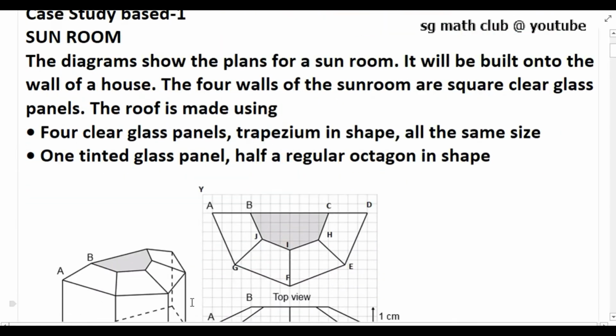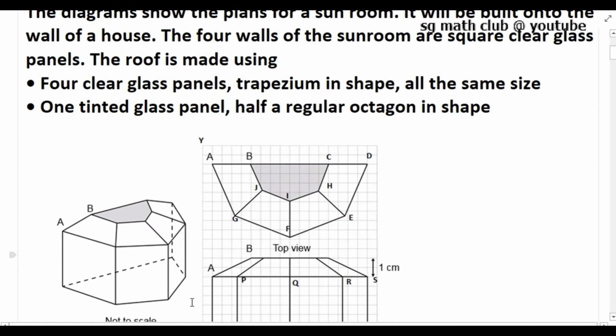So you can see the diagram here. You can see these are the 4 walls of the house, and these 4 walls of the sunroom are square clear glass panels.